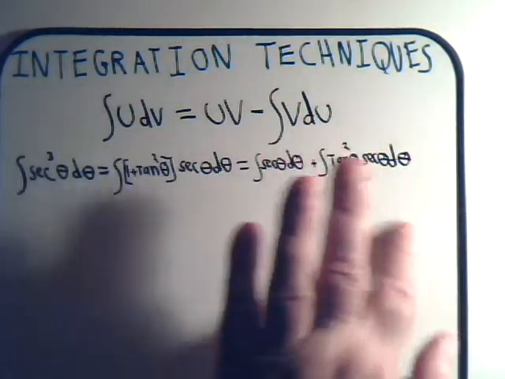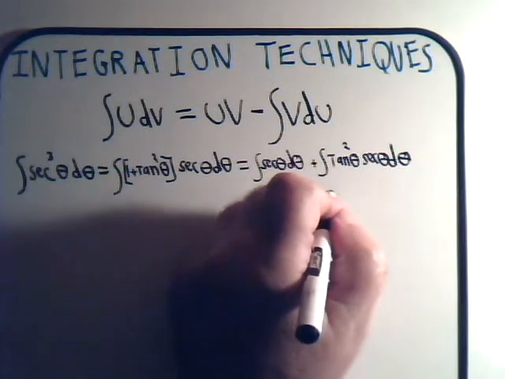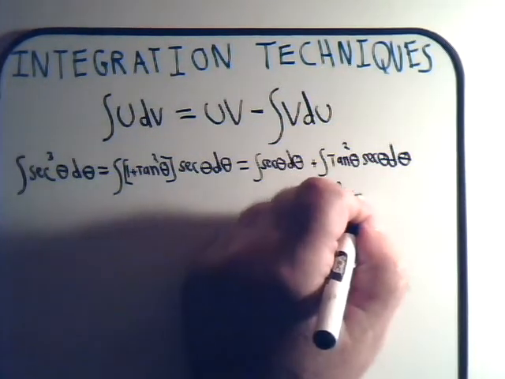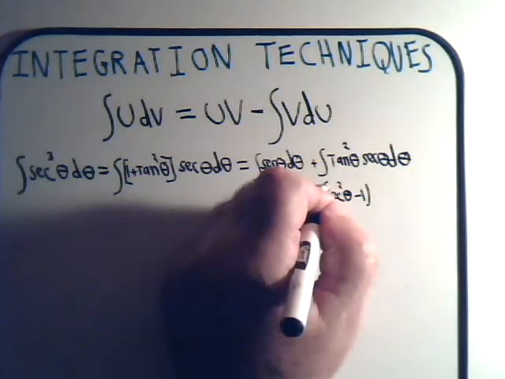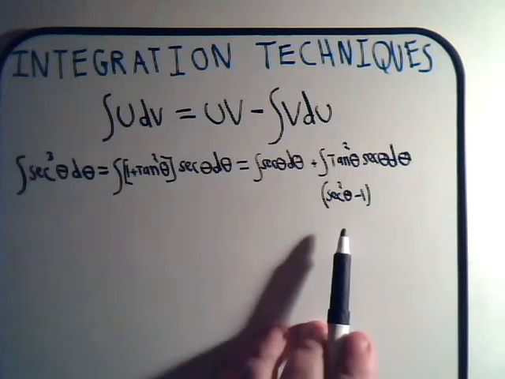And you might be tempted to say, well, wait a minute here. The tangent squared of theta, that's the secant squared of theta minus 1. That's not really going to get us anywhere, because we're just going to go around in circles at this point. If you don't believe me, we'll multiply it out.